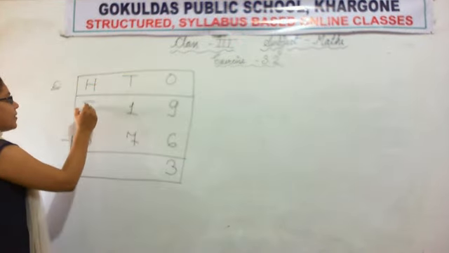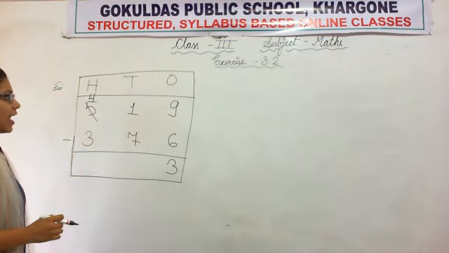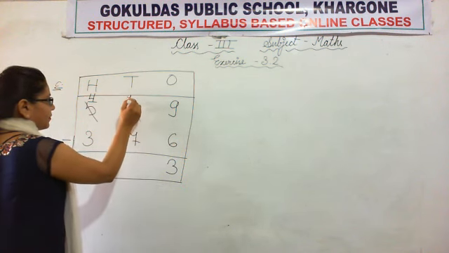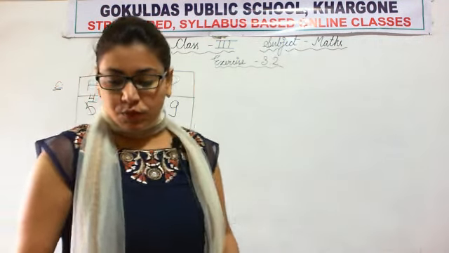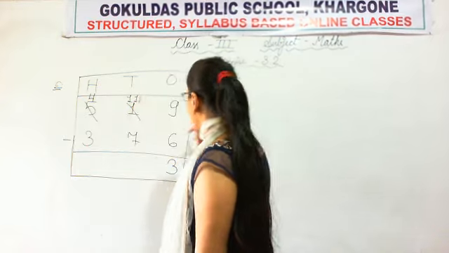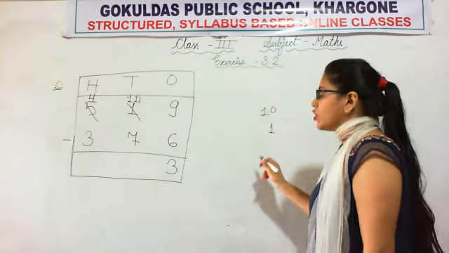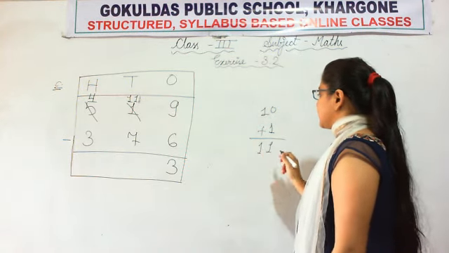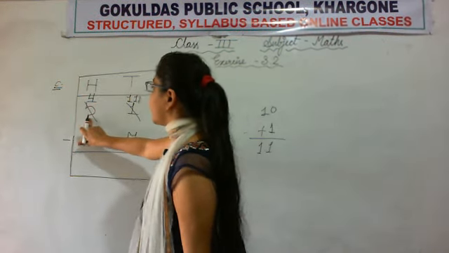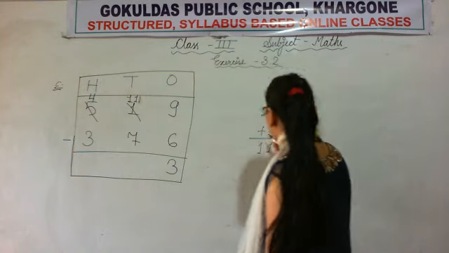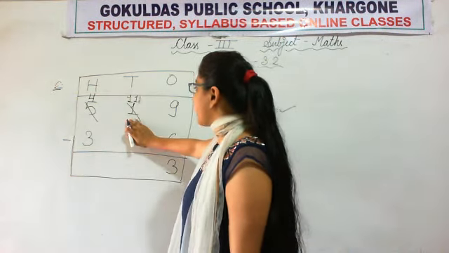This 500 will give 100 to tens and become 4, and this 1 will become 11, meaning 11 tens. First 1 ten was there and we added 10 tens more, so it became 11 tens, because 100 means 10 tens. This is how we are writing 11.